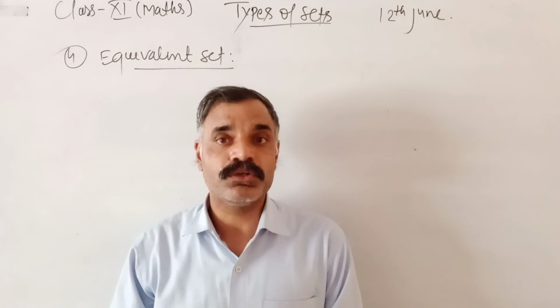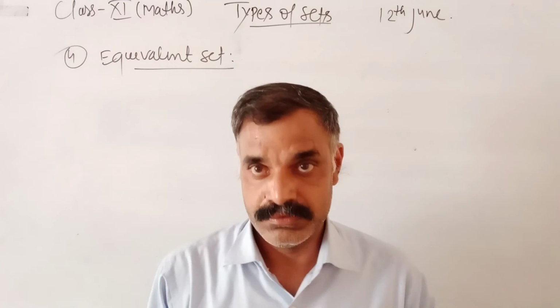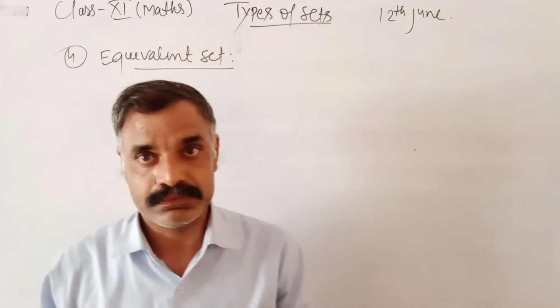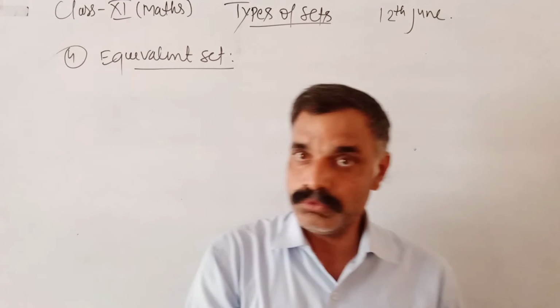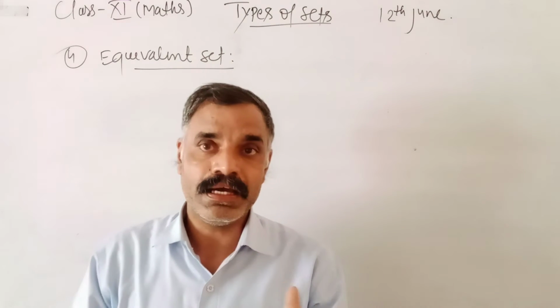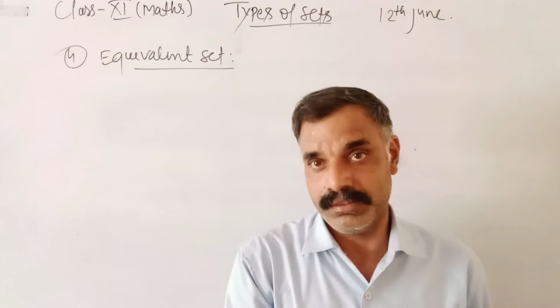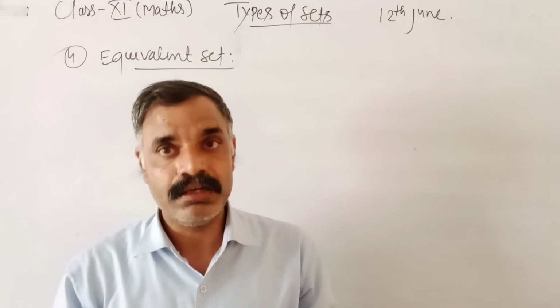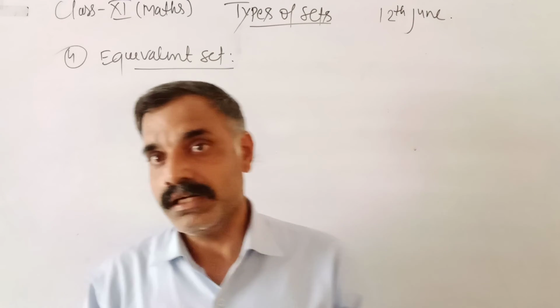Equivalent set means we are talking about two or more than two sets. Two or more sets are said to be equivalent sets if they have the same cardinal number.